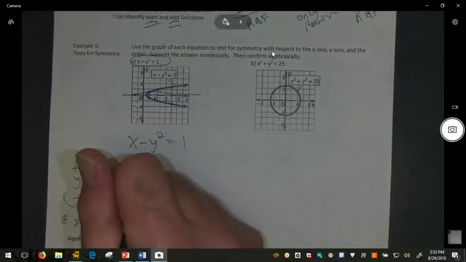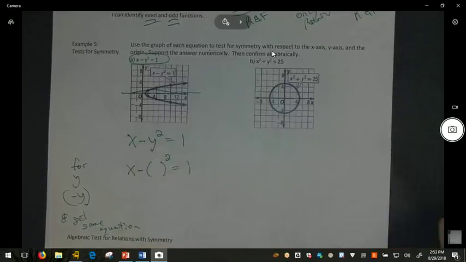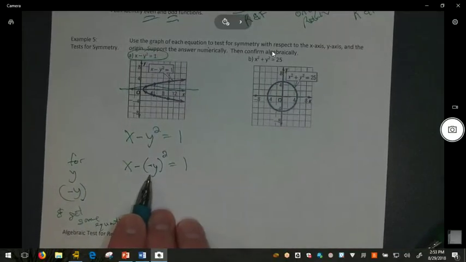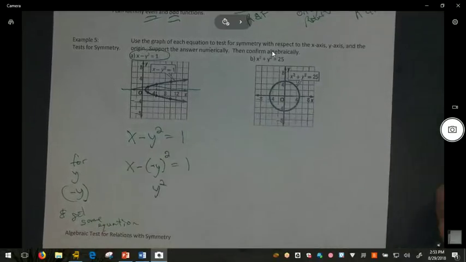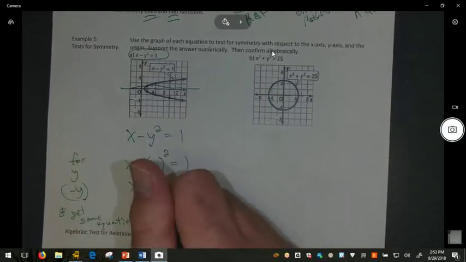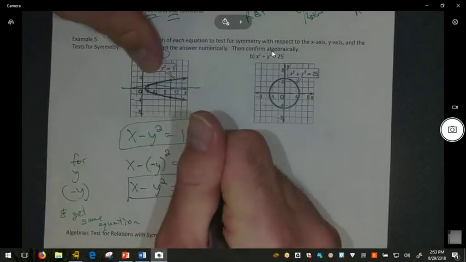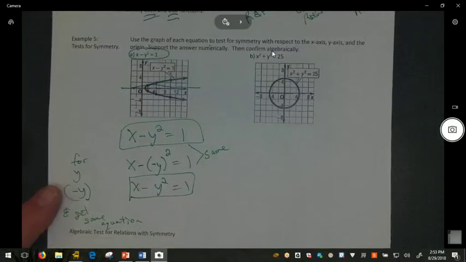So let's take a look. x minus y squared equals 1. But we have the opposite of y. When I square negative y times negative y, I get positive y squared. So I'm right back to x minus y squared equals 1. The same equation. Because they're the same equation, this has symmetry with the x-axis.